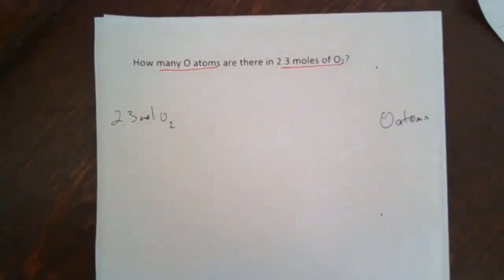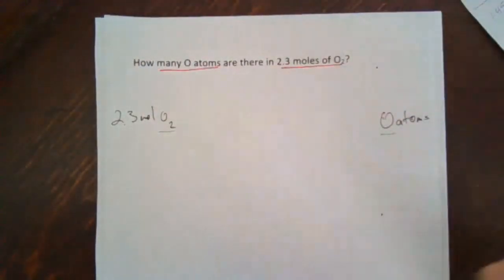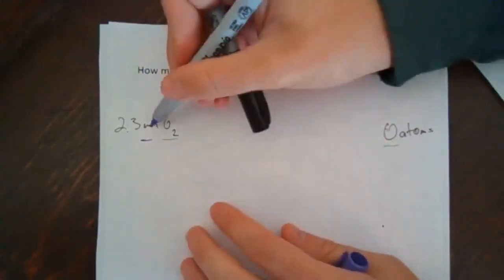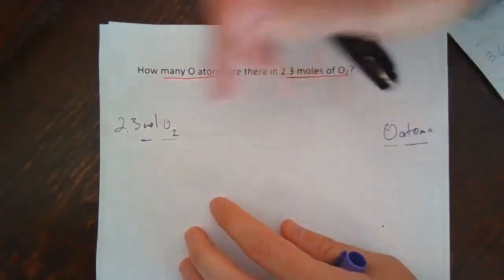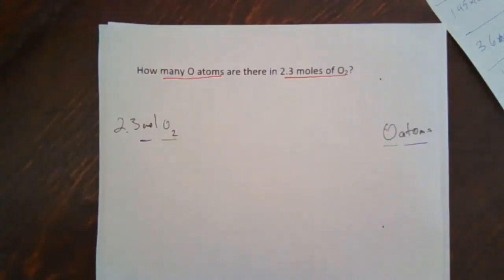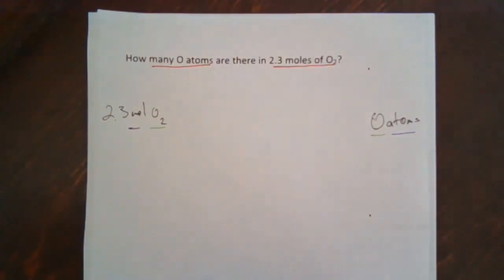One, O2 versus O: those are different formulas, implying that they are different substances. We have moles and atoms: counting by groups, counting individual objects. So we have two differences between where we're starting and where we're ending, and we're going to need to account for both of those.